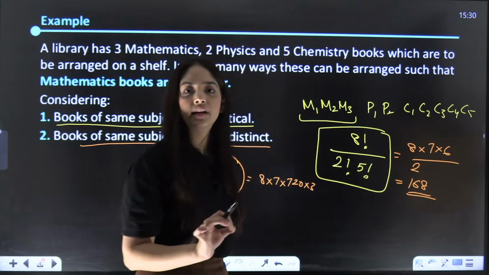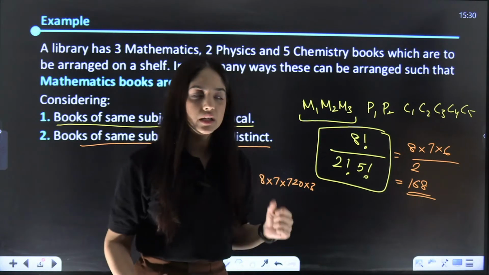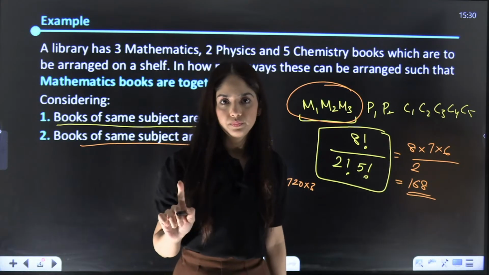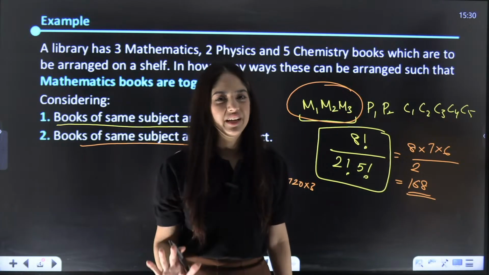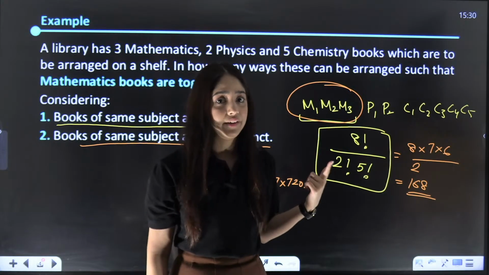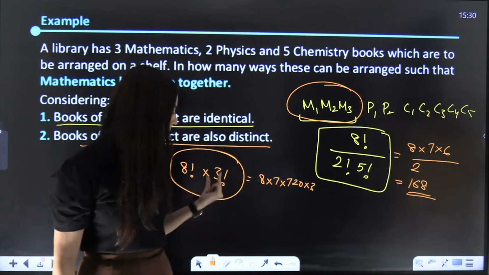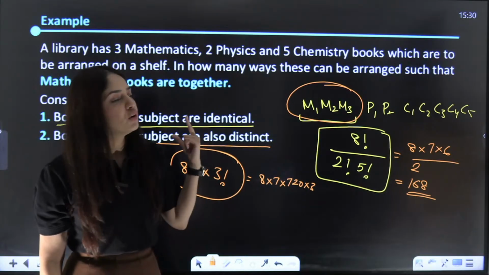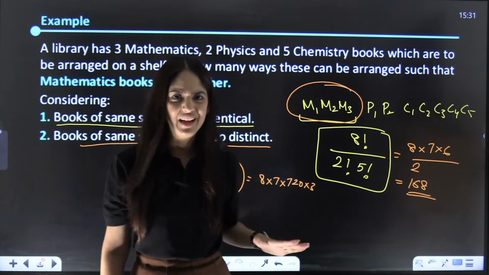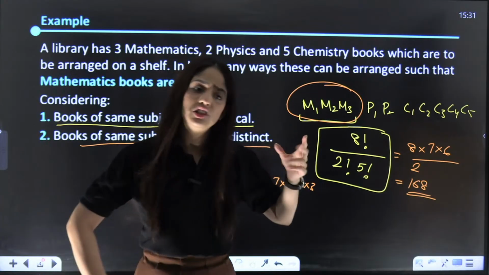The only thing that changes in such problems is we treat this as one new object, and then we make sure whether within this one new object there can be multiple arrangements. If yes, then we multiply by 3 factorial. If not, then we don't multiply anything. That is one object, just like before.